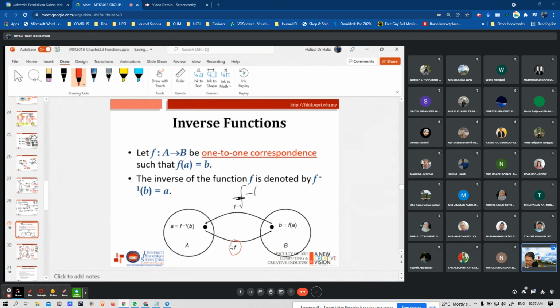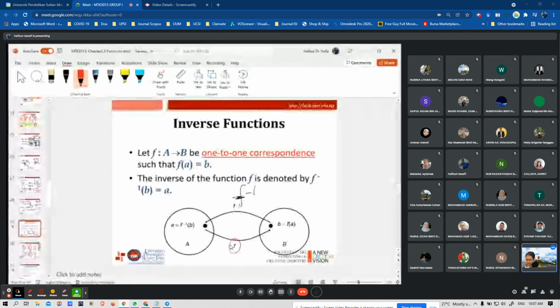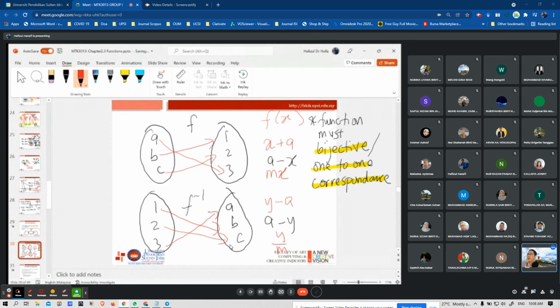Inverse is we map from the codomain to the domain. We inverse back. Okay, and then we can denote by f^-1. Function must be bijective and one-to-one correspondent.